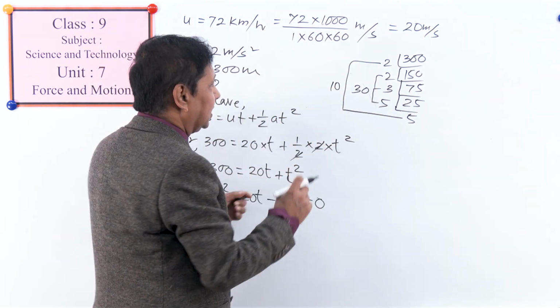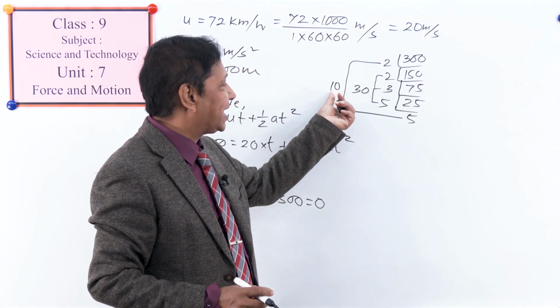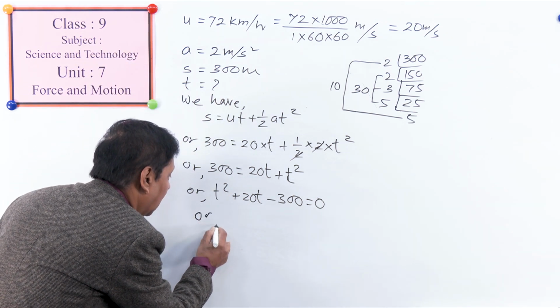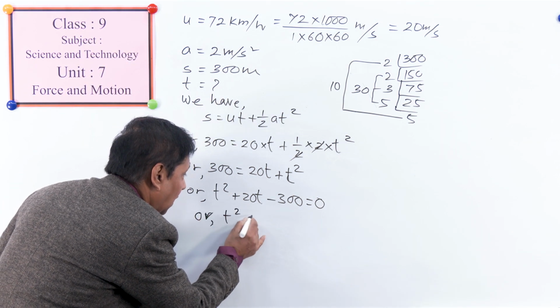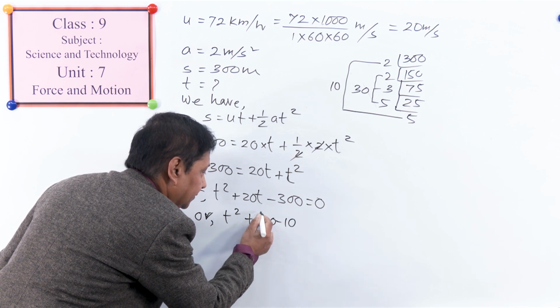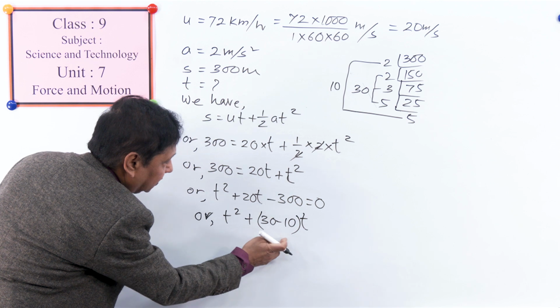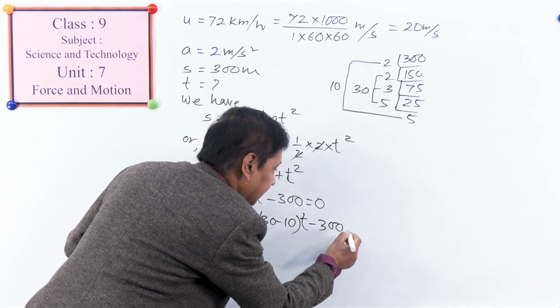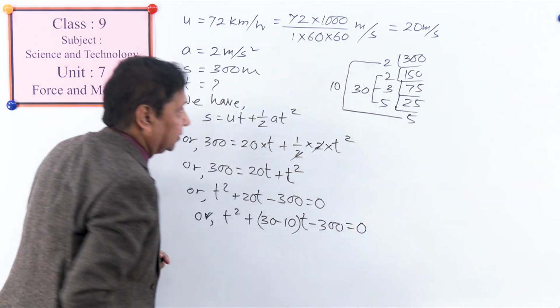Now what we get? 30 minus 10 is 20. That's why I can write this way: t square plus 30t minus 10t minus 300 equal to 0.